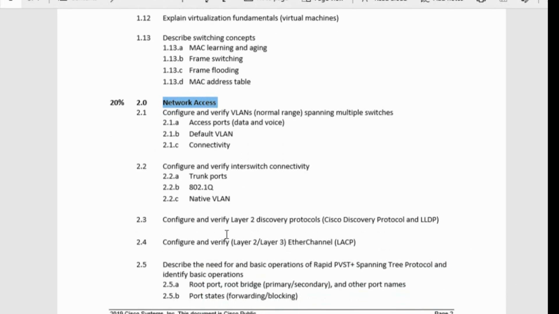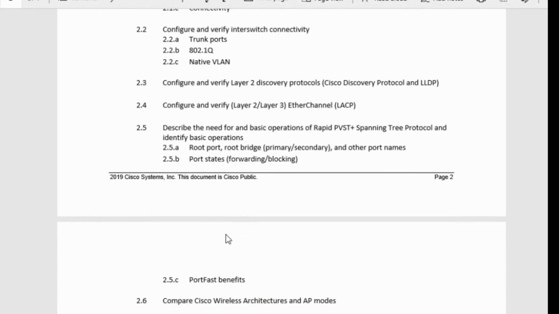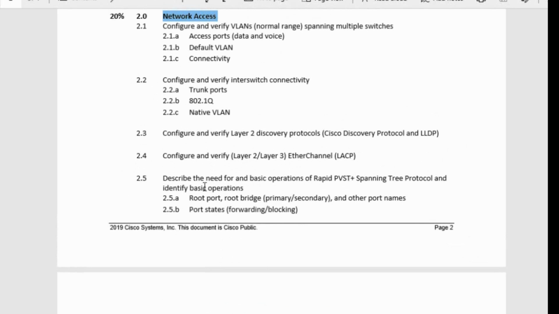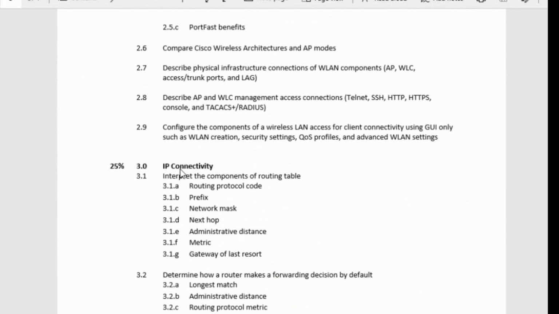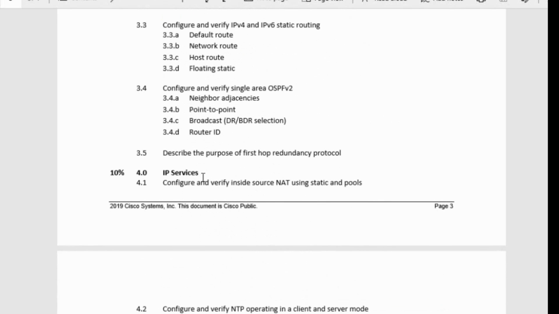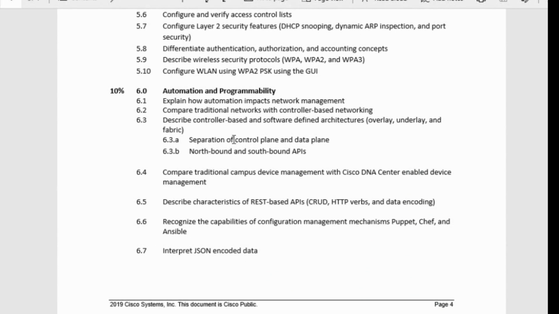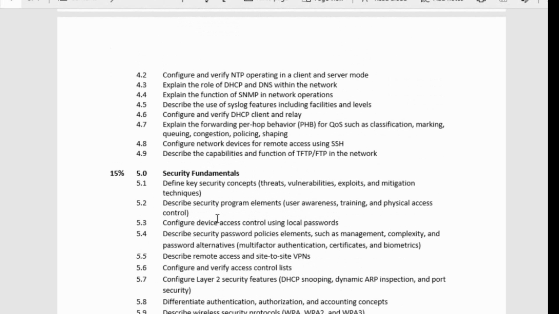That is how they explain that each topic is taken out percentage-wise. And obviously you can see over here IP connectivity will cover 25%, IP services 10%, and automation and programmability 10%. I beg your pardon, I forgot to also explain security fundamentals, which is 15%.